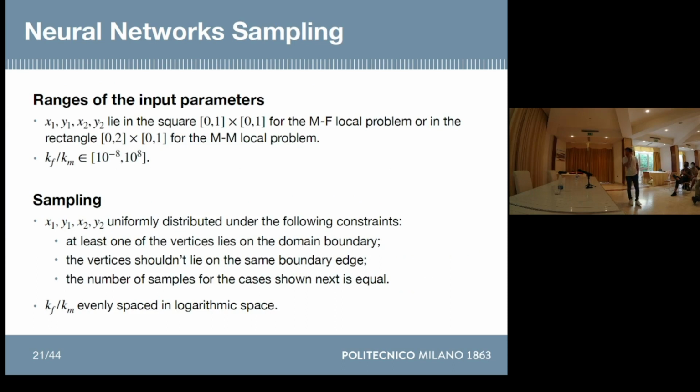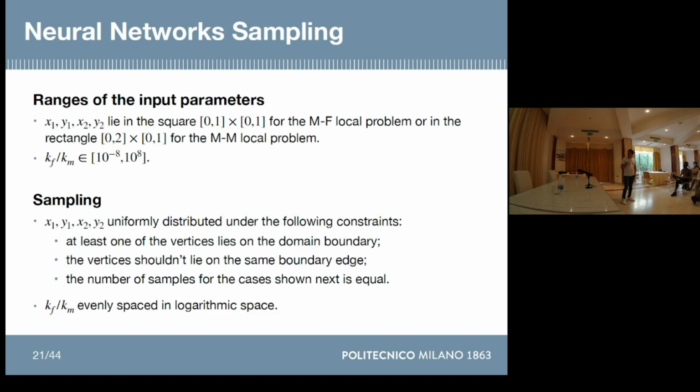Here I describe the sampling of the input parameters. The coordinates of the vertices of the fracture should lie in the square 1 by 1 for the matrix fracture local problem, or in the rectangle 2 by 1 in the matrix local problem, while the permeability ratio has been chosen to vary in a range that goes from 10 to the minus 8 to 10 to the 8.